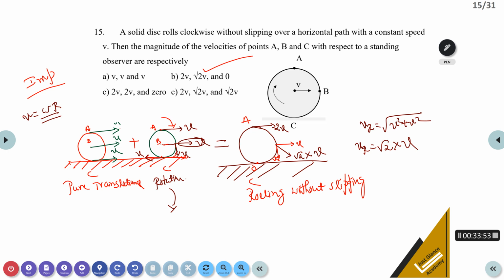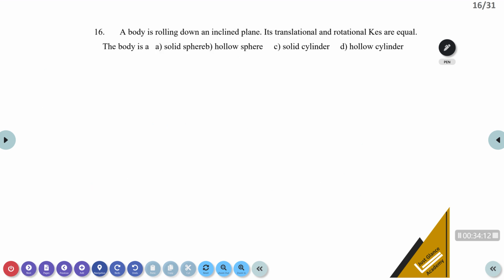Now, this is an important question, students. So the answer: here at point C it is 0, here also 0, here also 0. Here 2V, 2V. You have to judge it by this point. Square root of 2 into V here.